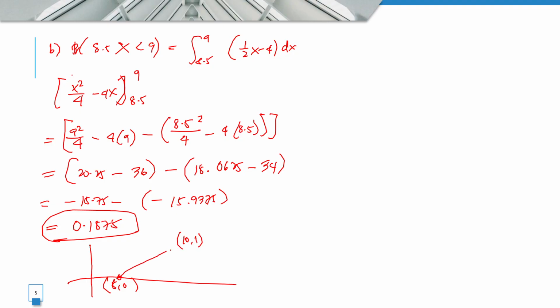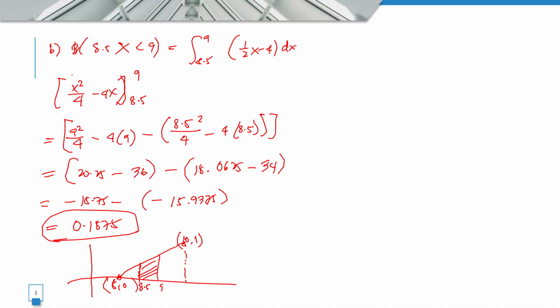We're going to connect like this, from 8.5 to 9. So we have to get from 8.5 to 9. So the probability is 0.1875.